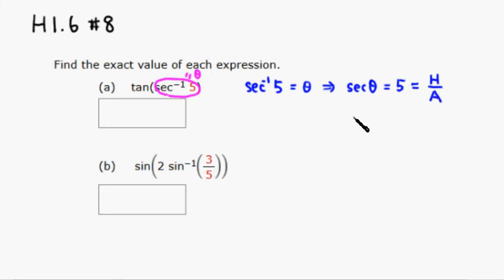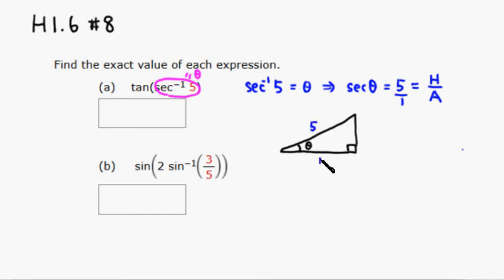So a right triangle, just any general looking right triangle, and this is going to be our theta. You can think of 5 as 5 over 1. So we can let the hypotenuse be 5 and the adjacent be 1.